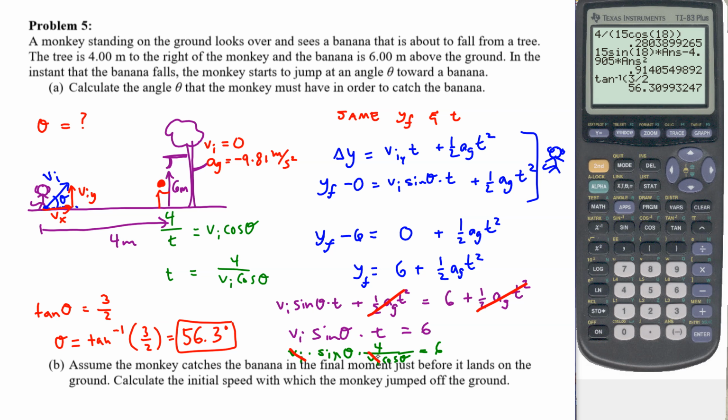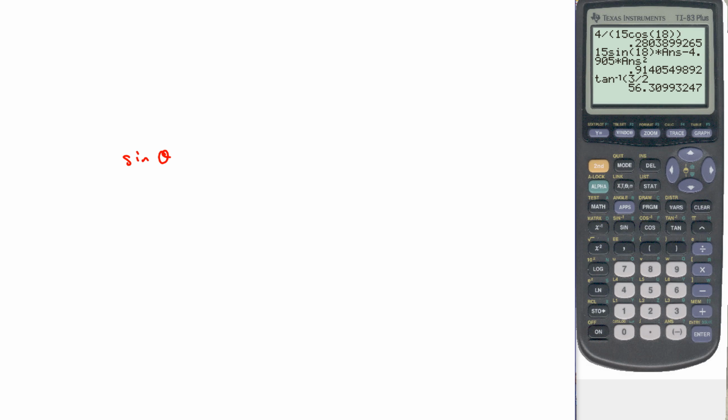If you don't believe me that sine over cosine is equal to tangent, check this out. Sine over cosine. Sine is opposite over hypotenuse. Cosine is adjacent over hypotenuse. But you can see the hypotenuse will cancel. We are left with opposite over adjacent, which is tangent of theta.